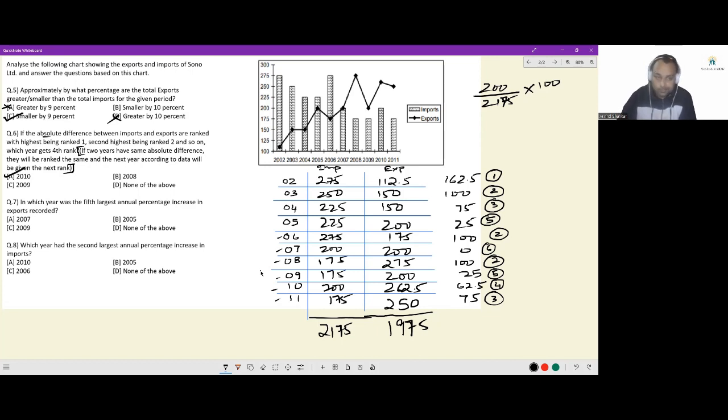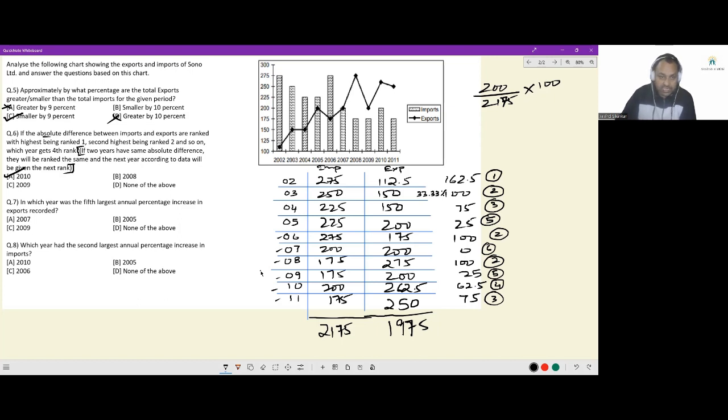Option A. Okay. Next, in which year was the fifth largest annual percentage increase in exports recorded? Fifth largest annual percentage increase in exports. Let us try to do. So here to year 37.5 increase. So the percentage increase is 33.33%.